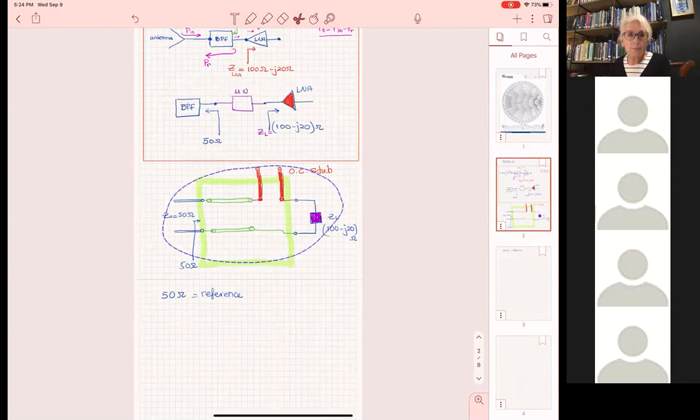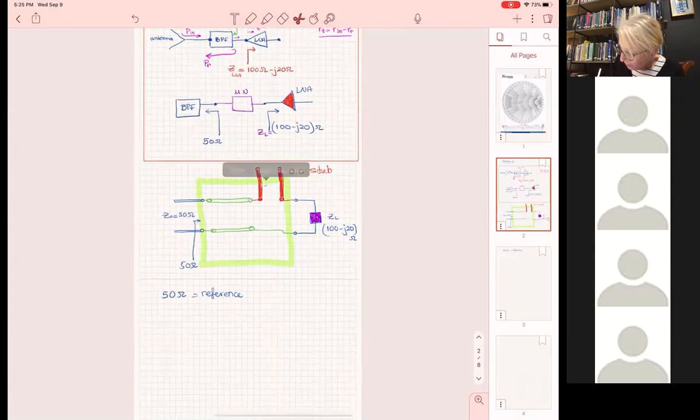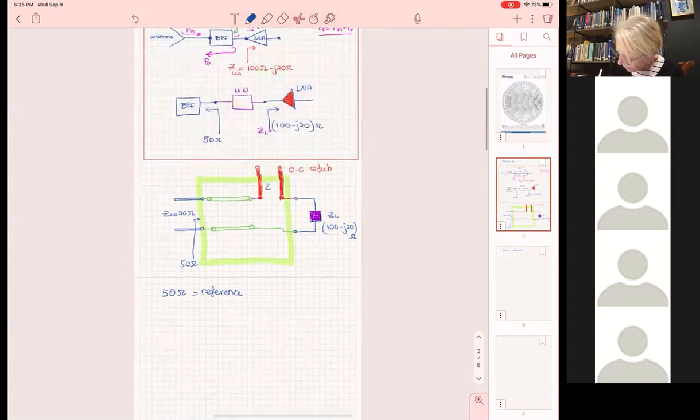So you see that. Okay, now I said I'm using a 50 ohm reference. So my stub, first of all, since I'm using a 50 ohm reference, 50 ohms, then the stub is going to give the following. I will write it underneath it.